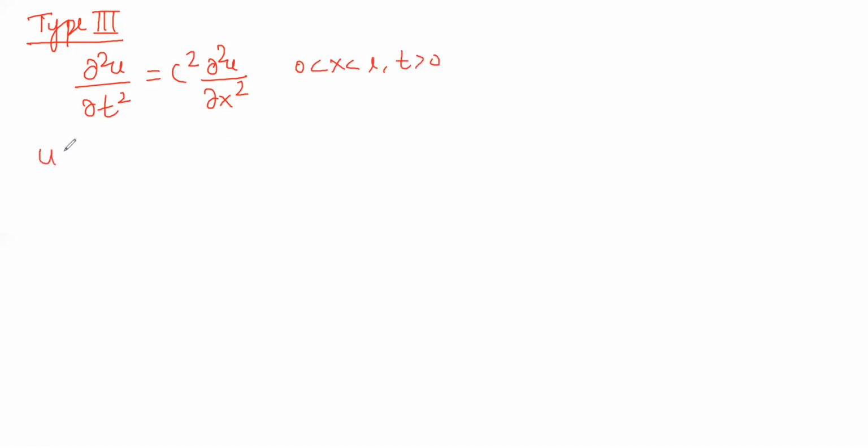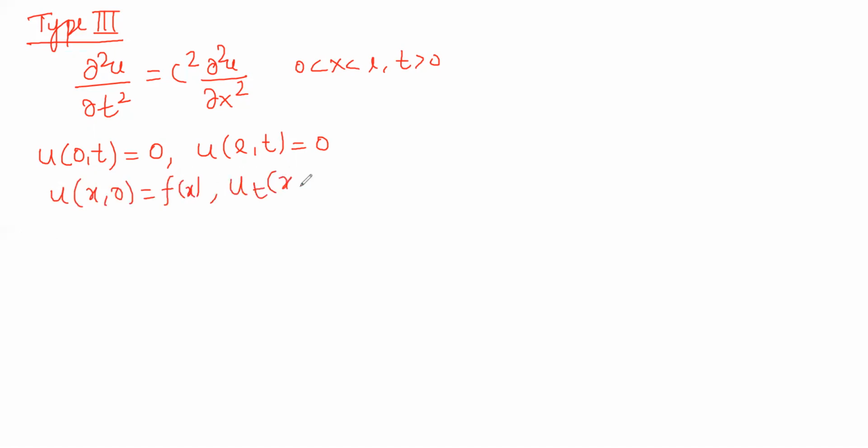Now let me impose the boundary conditions. These are the initial ones: u(0,t) is 0, and u(L,t) is also 0. Well, this part will give me a headache now. u(x,0) will be my f(x), and u_t(x,0) will be my g(x).